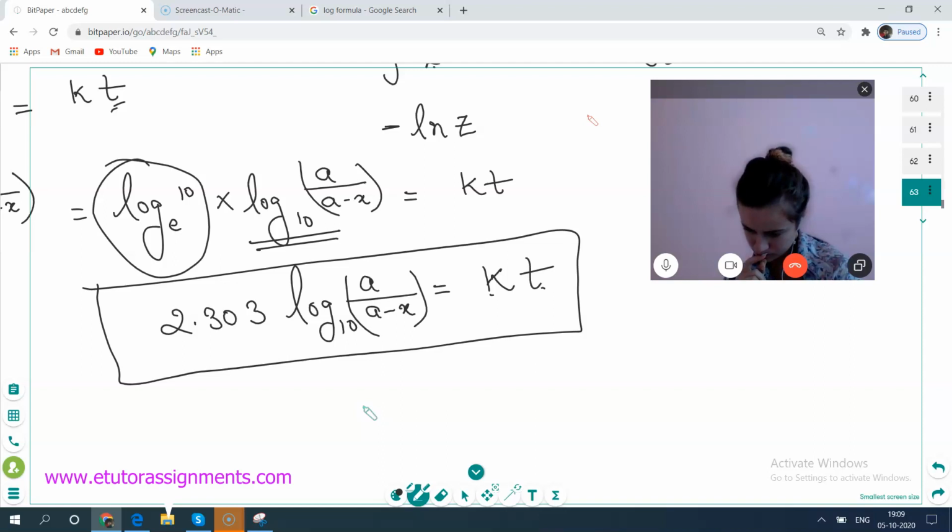Is it clear? What is the T? T is time of the reaction going. At time T, X is already consumed. What is the balanced reactant? A minus X. Means after time T you will get the reactant.